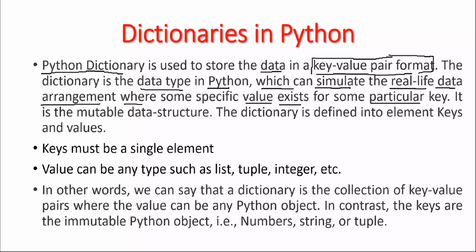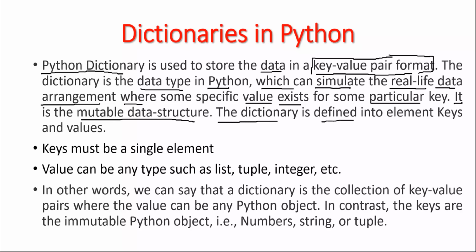Whenever you have data in the form of key value pairs, in such cases we have to go with dictionaries. A dictionary is a mutable data structure. That means you can delete elements from the dictionary, and you can keep adding elements into the dictionary. So you can either increase or decrease the size of the dictionary, so it is called a mutable data structure.